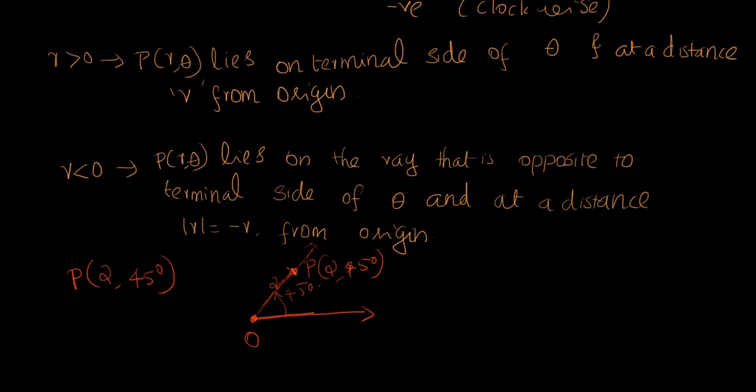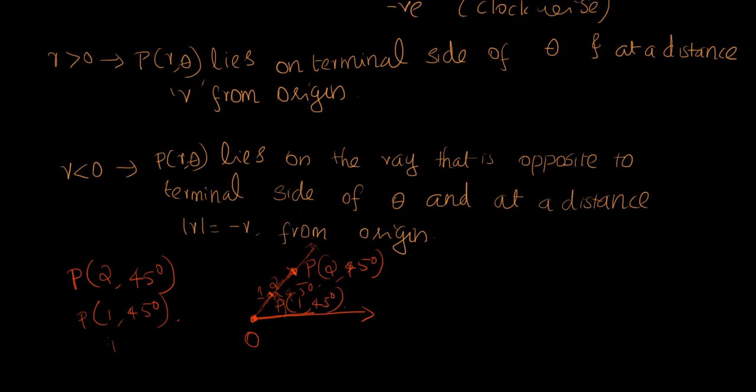And for P(1, 45 degrees), what will this be? Take 45 degrees, draw a ray. Next, find the distance from the origin to the point. Suppose here that is 1. So this point is P(1, 45 degrees).